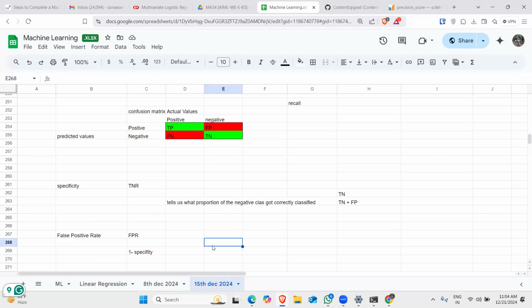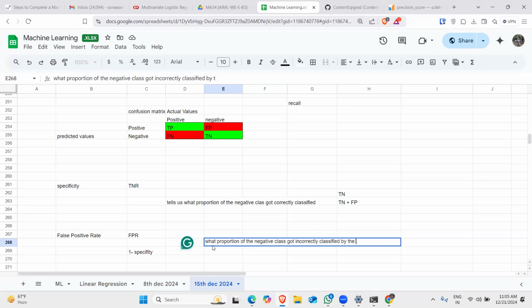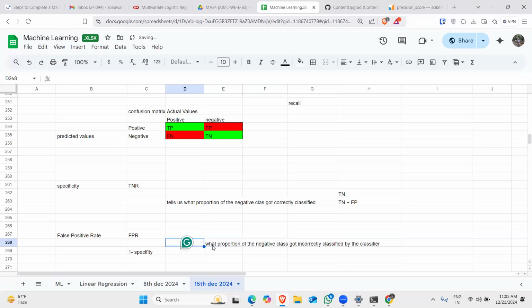It tells us what proportion of the negative class got incorrectly classified by the classifier.